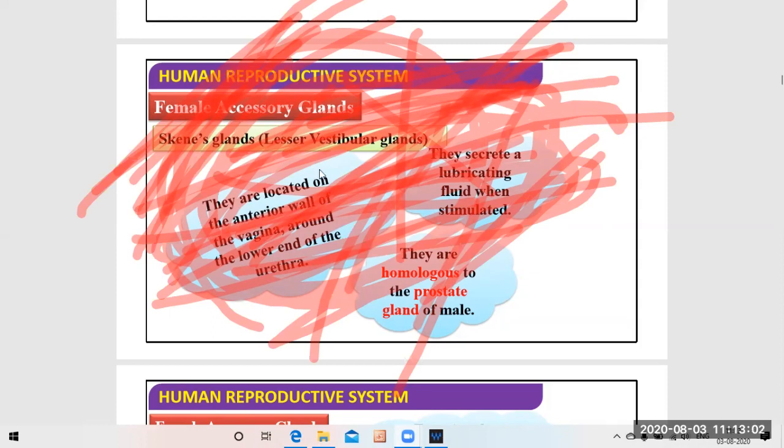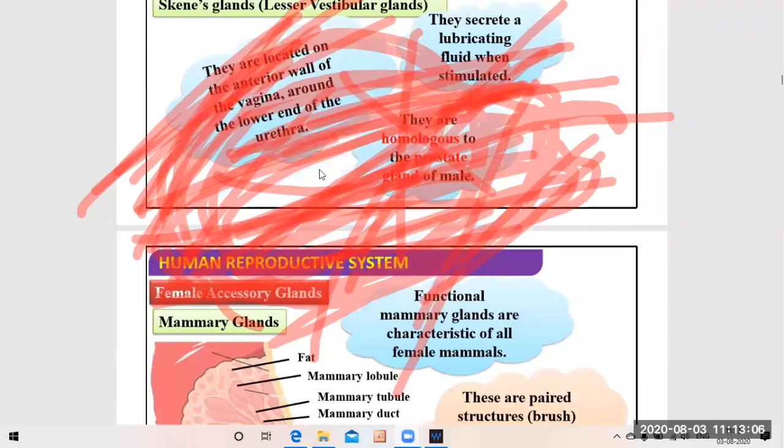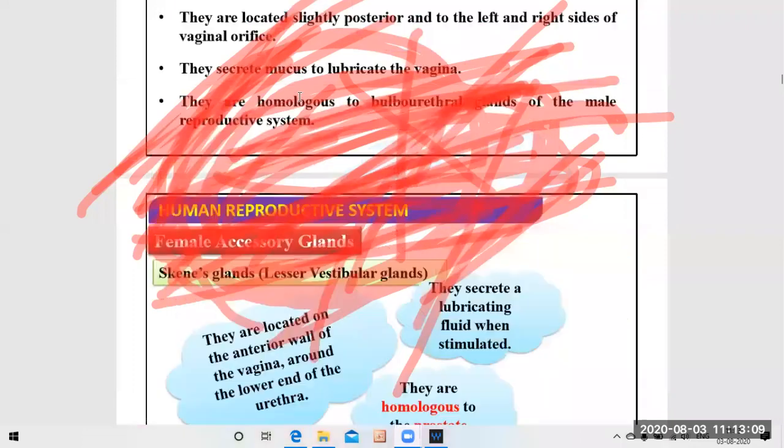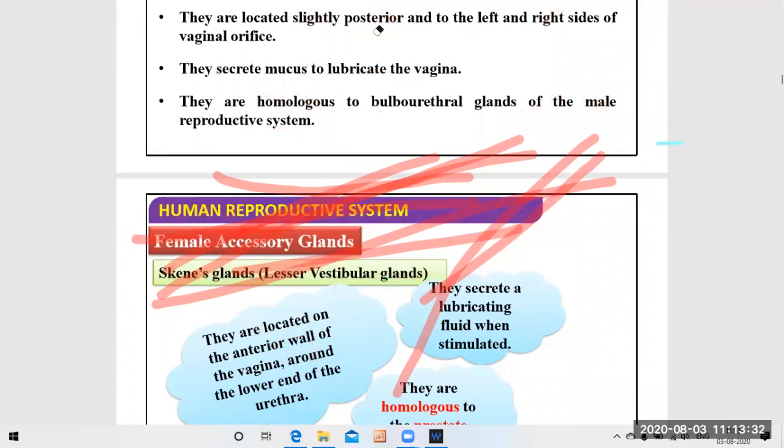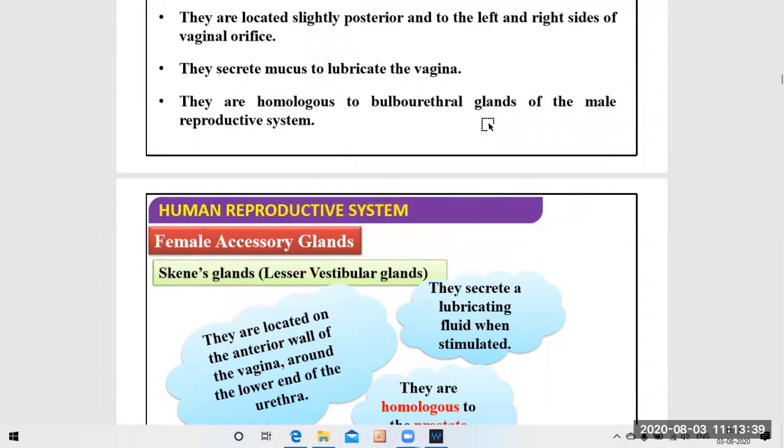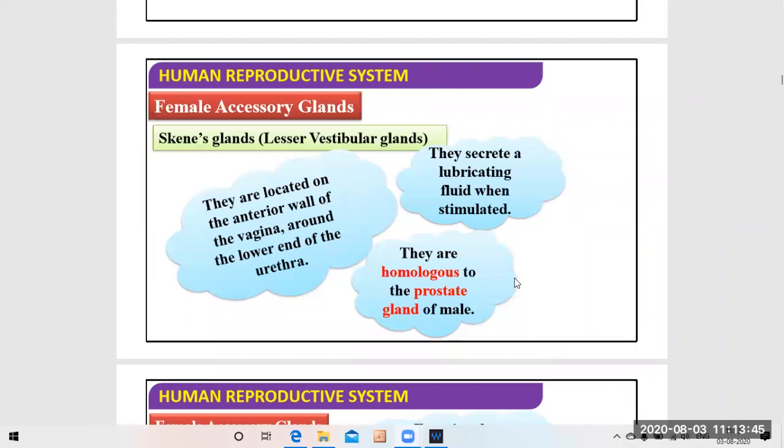So that will be the location. Next, the second one is the female accessory glands, which are homologous, as we just learned, to the prostate gland of the males.